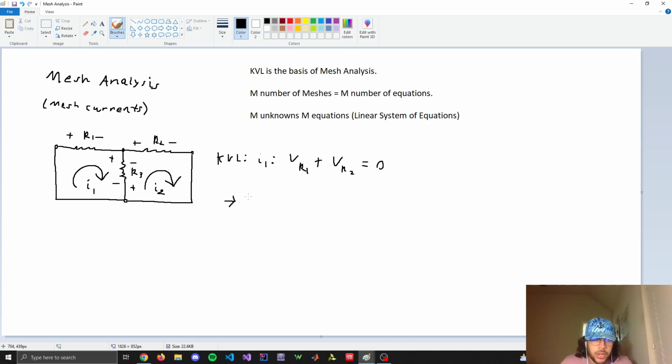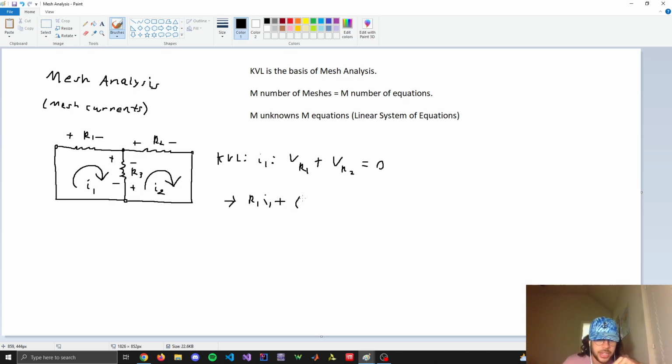So mesh I1, VR1 is going to be R1 times I1 plus, because I'm going into this plus sign, the trick with neighboring branches is you're supposed to subtract the mesh current from the neighboring mesh, because you don't want that current. You want the current from the mesh you're focused on right now.